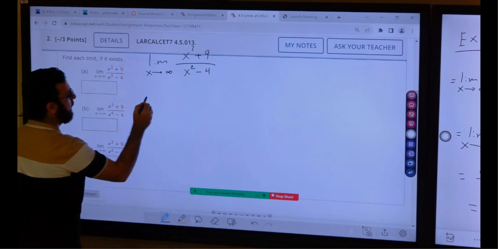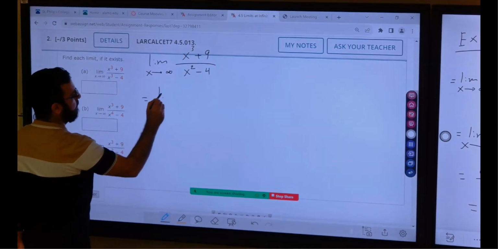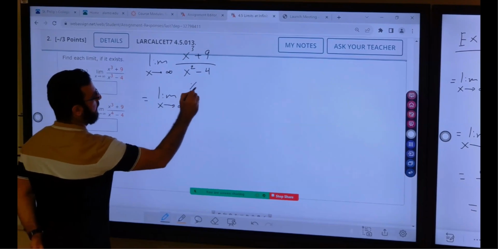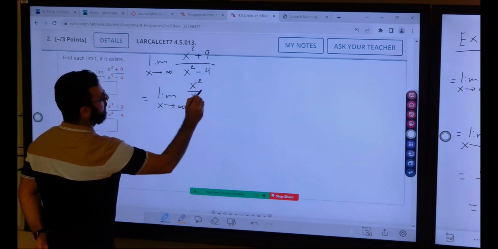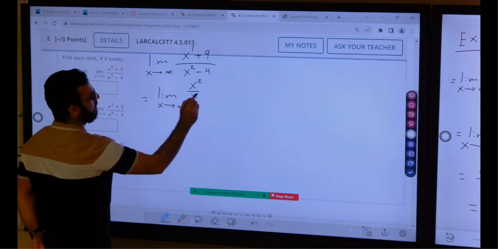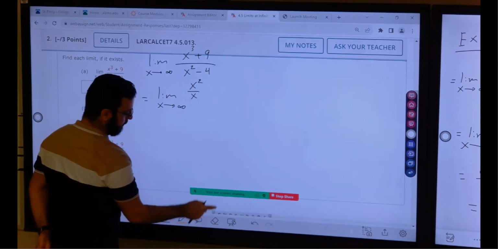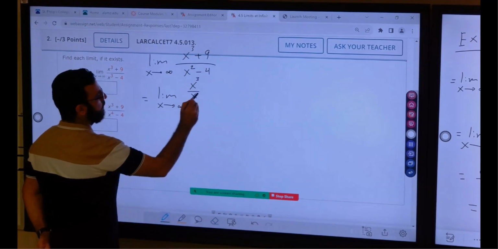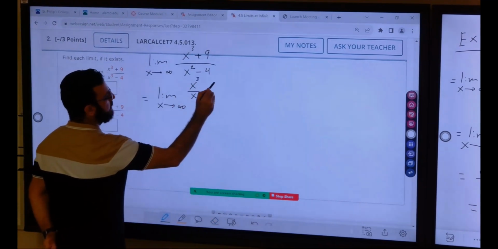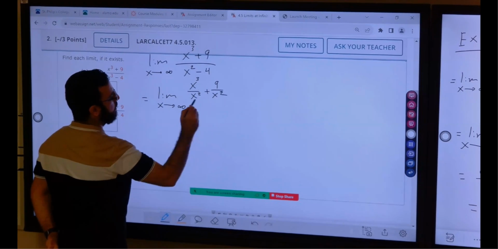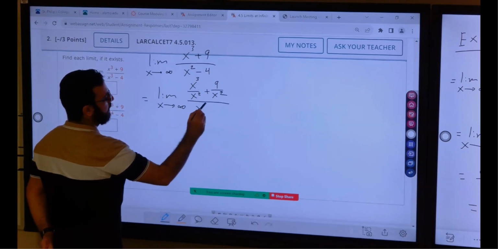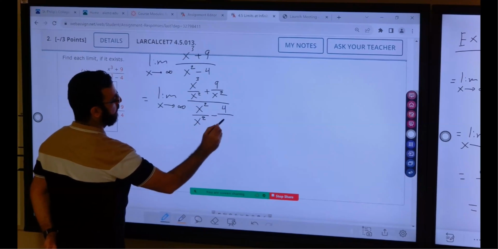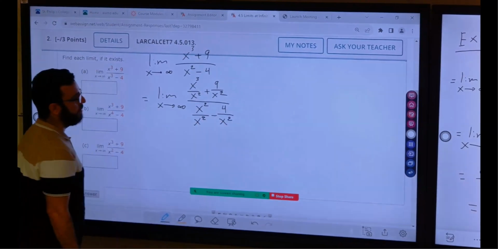So again, divide by x squared. x cubed over x squared plus 9 over x squared, over x squared over x squared minus 4 over x squared.